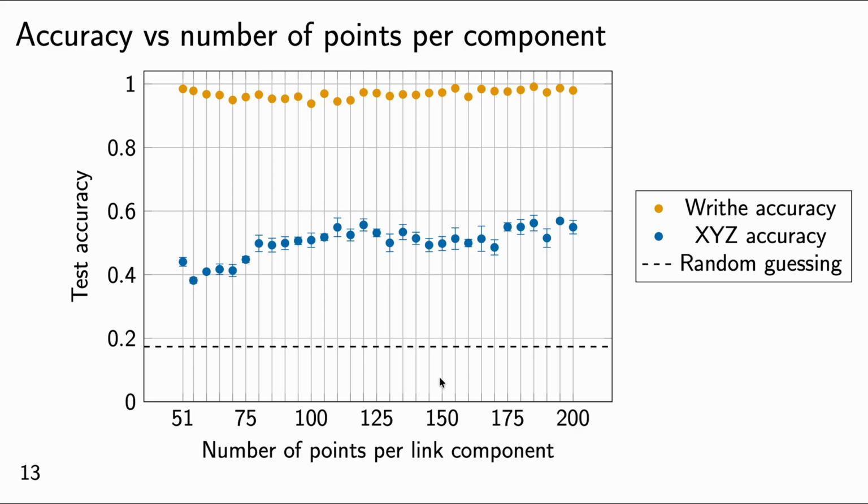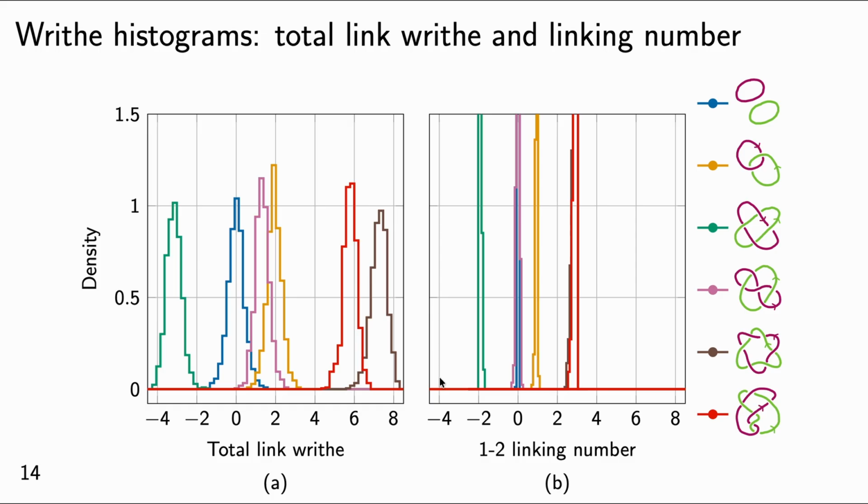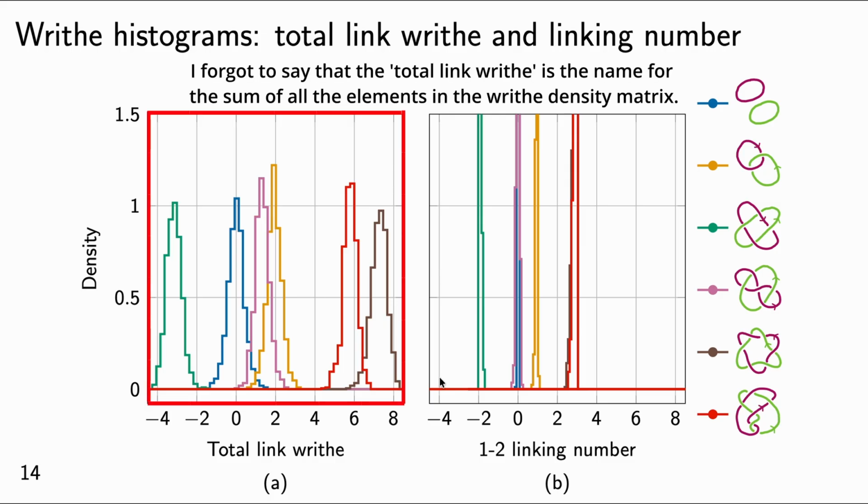Okay, now it shouldn't surprise us that Writhe is doing so well at first, because there are some global features that the machine learning network can learn that aren't really very important. Remember, we're training on that Writhe density matrix. If we were to simply add up all the elements of that Writhe density matrix, which the machine learning network can certainly learn how to do, what we get is this distribution in the training data.